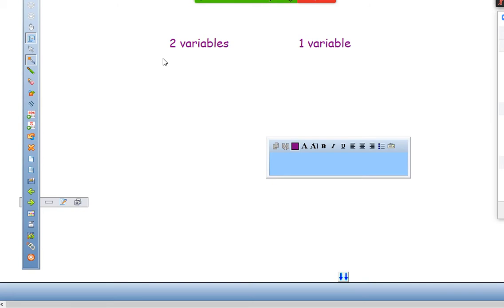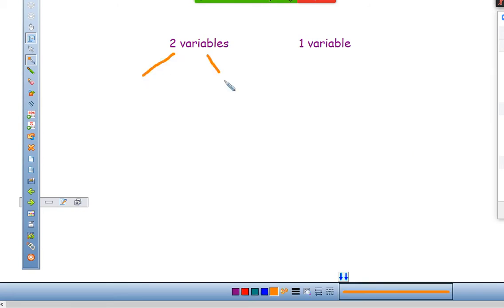Now, it's either going to be a category, or it's going to be a number. I should just type this, shouldn't I? Let me just type this. I think my life will be easier if I just type this.